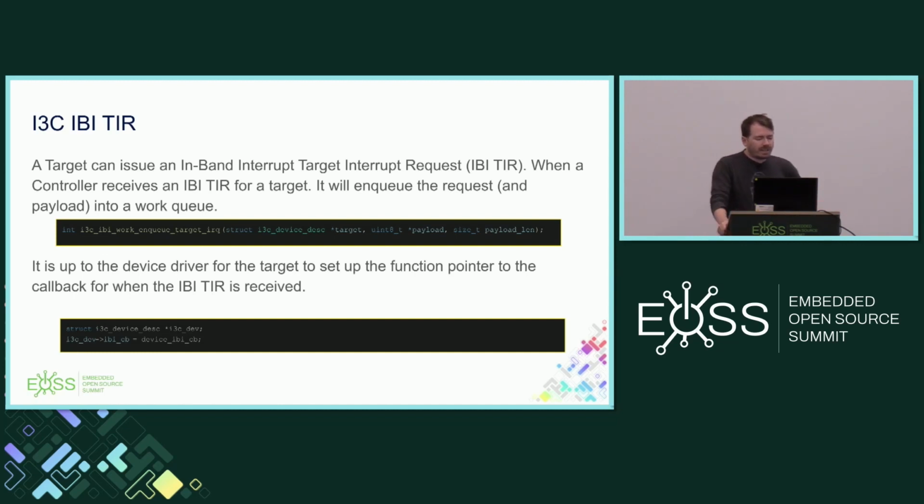And it is up to the device driver for the target to set up its own function pointer. So it should get its own device struct and then write to that IBI callback function, which will then be called back, for example, like, okay, I got my gyroscope data is ready. Go out and call the function to then read the registers for the gyroscope.